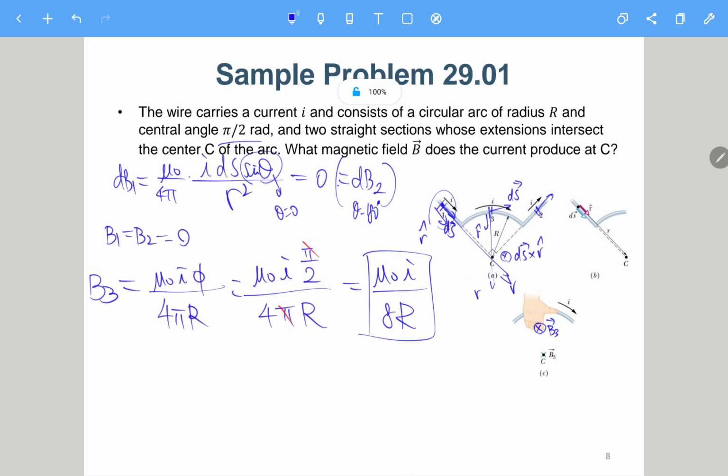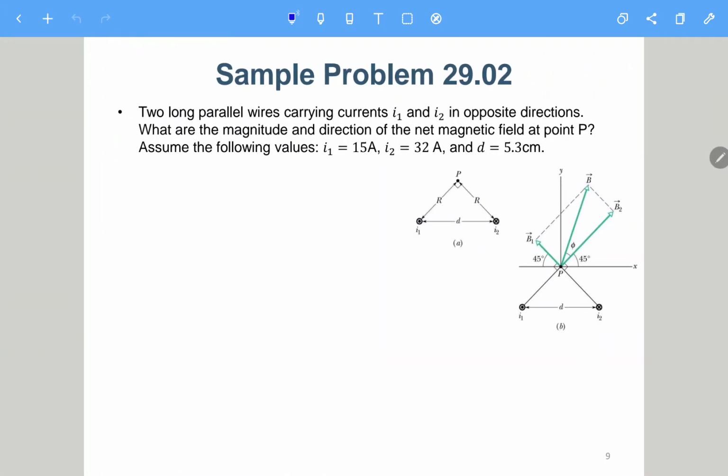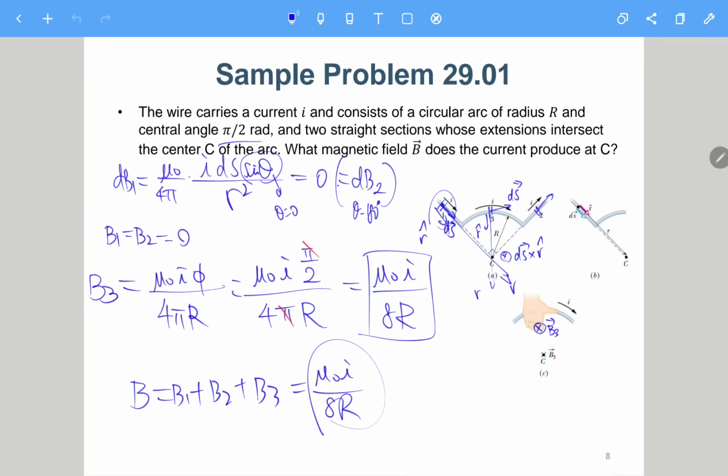And as B1 and B2 are 0, B is B1 plus B2 plus B3, so it is nothing but B3, which is mu 0 I over 8r.